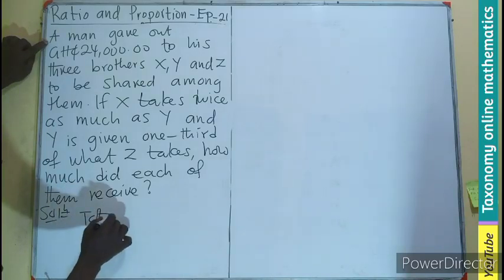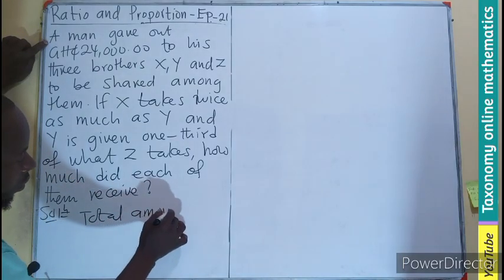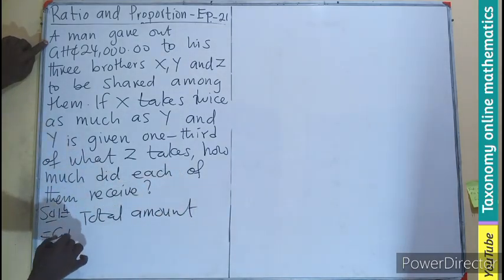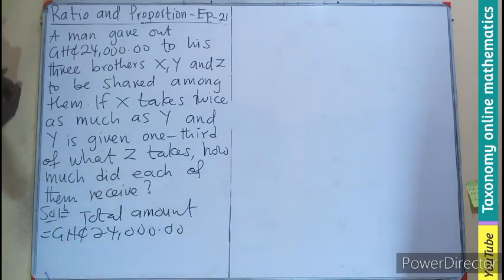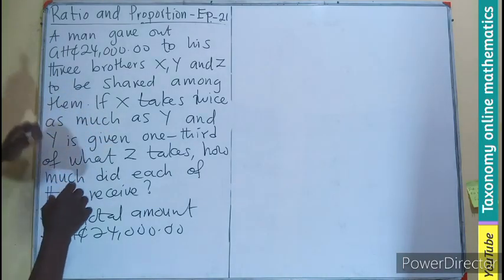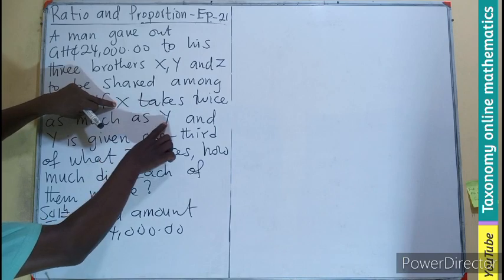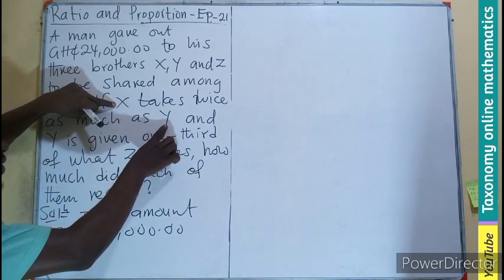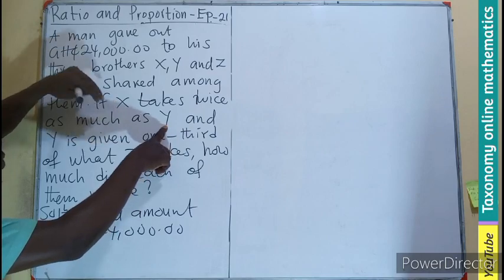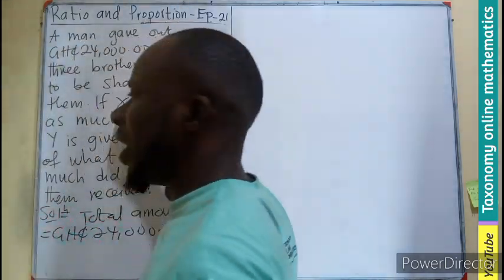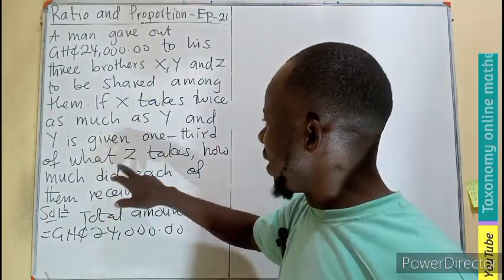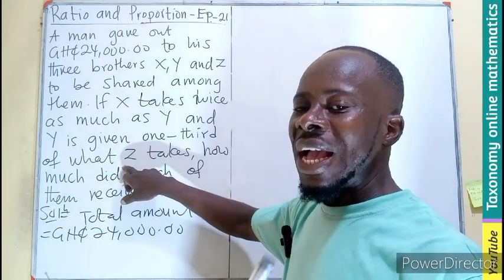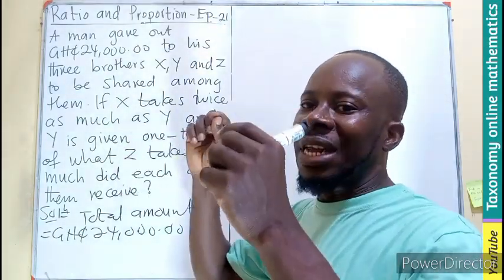The total amount is given to us as 24,000. In a word problem, we take it from X, Y, Z. X is taking twice as Y, so before I can find the value of X, I need to know the value of Y. Y is also given 1/3 of Z, so before I can find Y, I need to know what Z received.